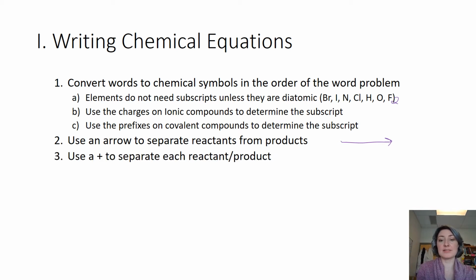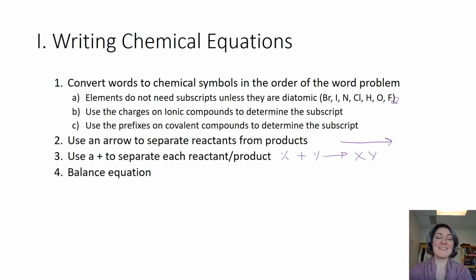You'll use a plus sign to separate reactant from reactant, or product from product. And finally, your last step, once you have neutral compounds, once you've written all the symbols out, once you've identified if you have diatomic elements, the final step is to balance, to make sure that you have the same number of atoms of each element on the reactant side as you do on the product side.